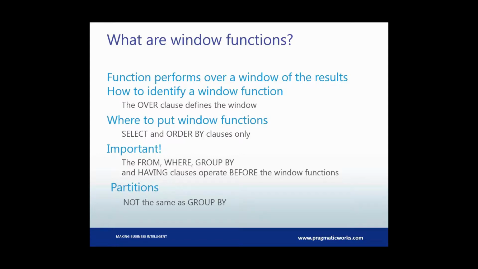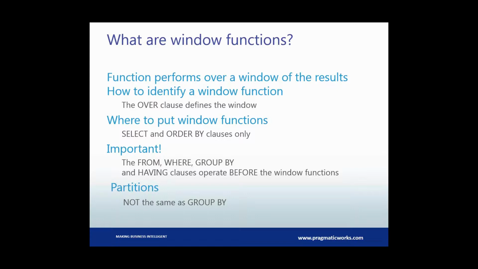I can define one big window that looks at all of those rows, or I can define it more granularly in what's called partitions or framing. Framing we'll get to much later in the talk.